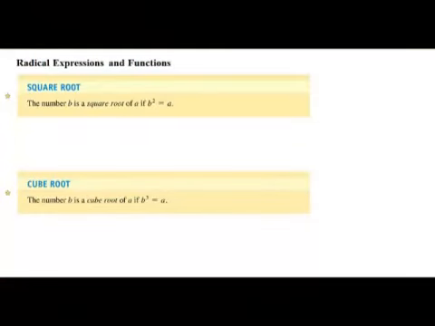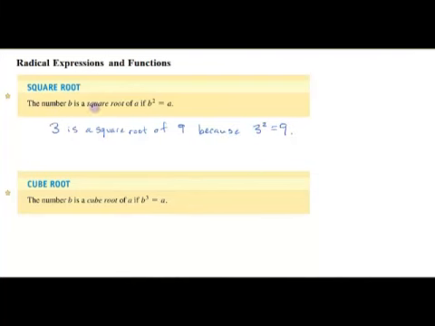Expressions and functions. For a square root, the number b is the square root of a if b squared equals a. For example, 3 is a square root of 9 because 3 squared equals 9.